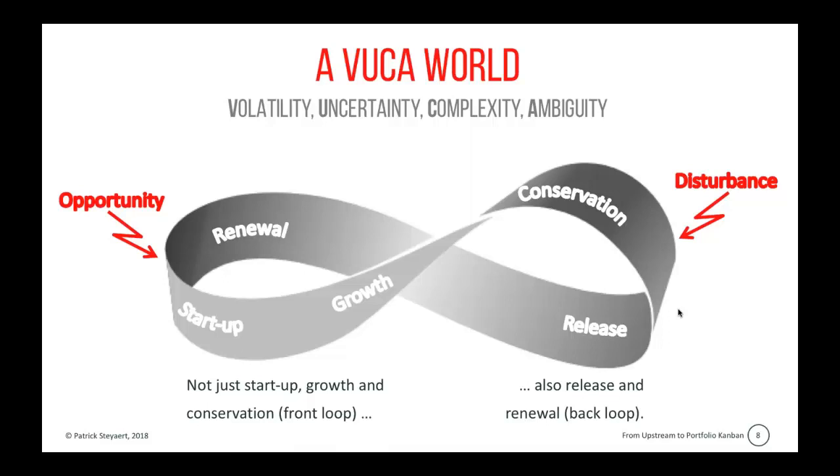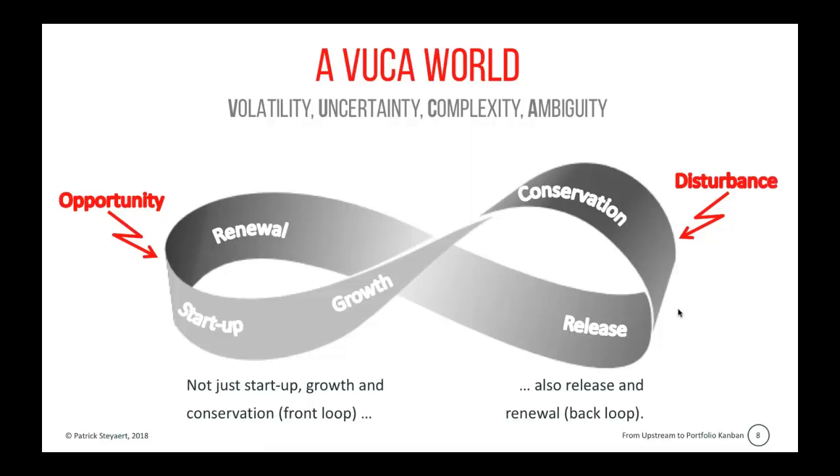Volatility, uncertainty, complexity, ambiguity probably were also present in a more traditional environment, but they're surely very much present in the world of today. So this is the VUCA world that many people talk about.